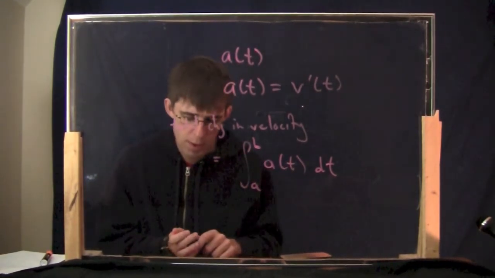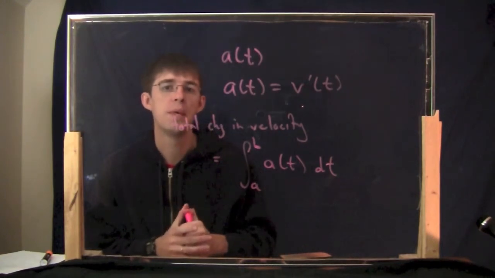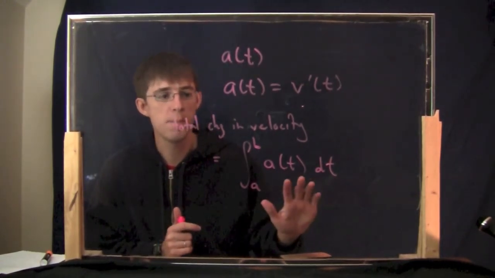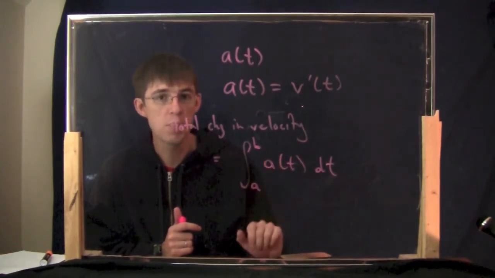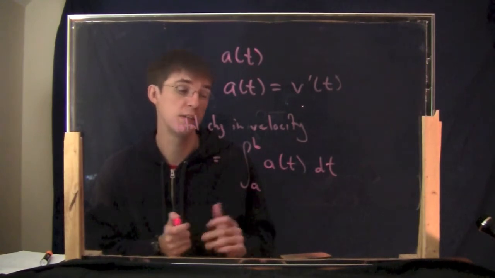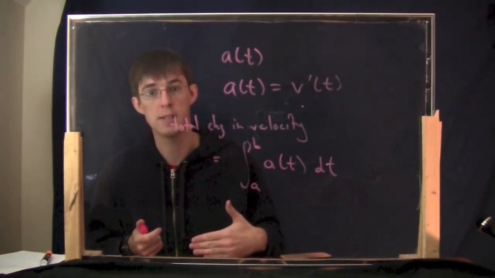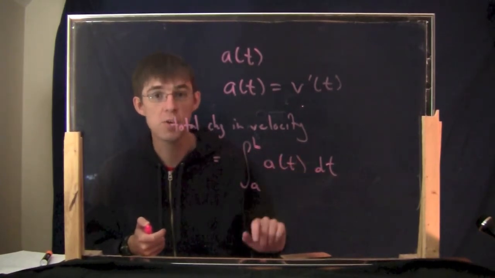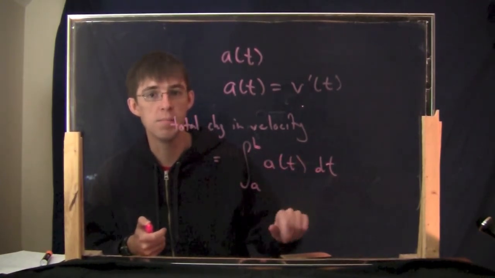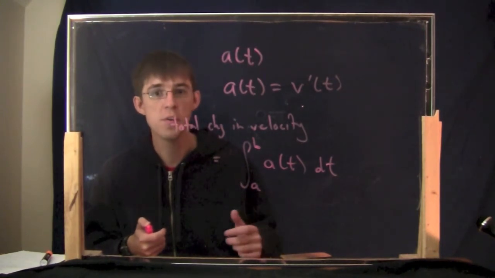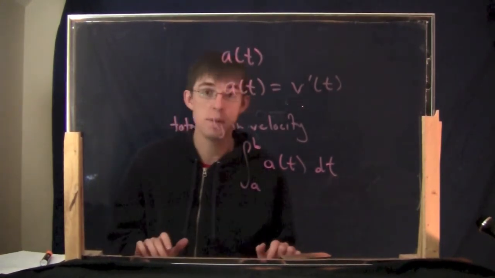For example, you can get in your car and accelerate, and by reading information from the accelerometer and doing the integral, you can figure out your total change in velocity. In other words, if you start at rest and then go a certain speed, you can figure out how fast you're going by looking at the integral of the acceleration. So that's what we're going to do. It's going to be awesome.